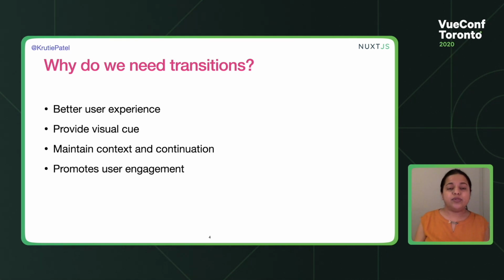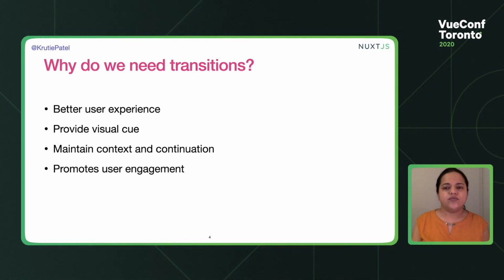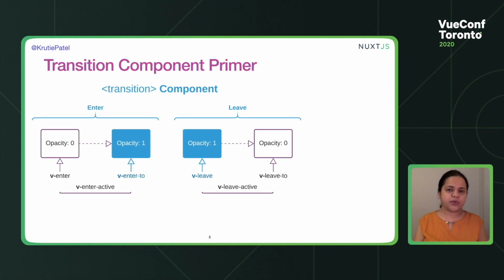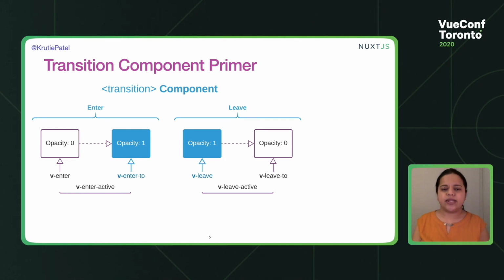Before we begin with the page transitions in Nuxt, it's important that we know how Vue's transition component works. So let's take a look at Vue's transition component and how it works. So transitions are created by updating the value of CSS attributes when our element or Vue component enter or exit the screen.